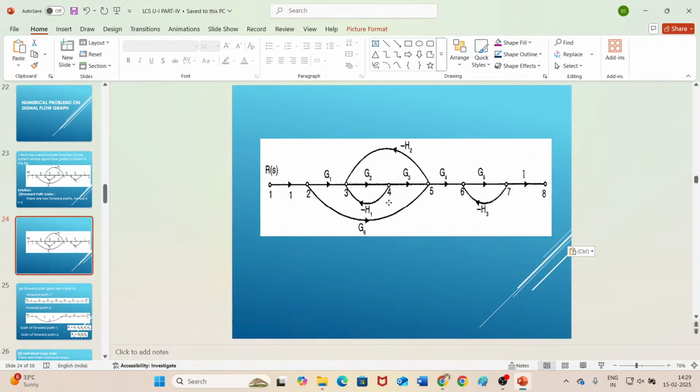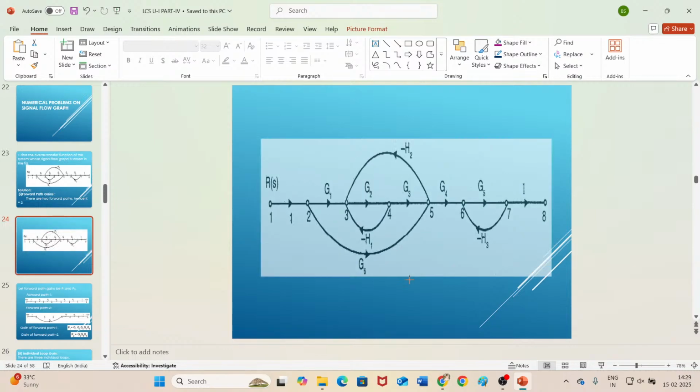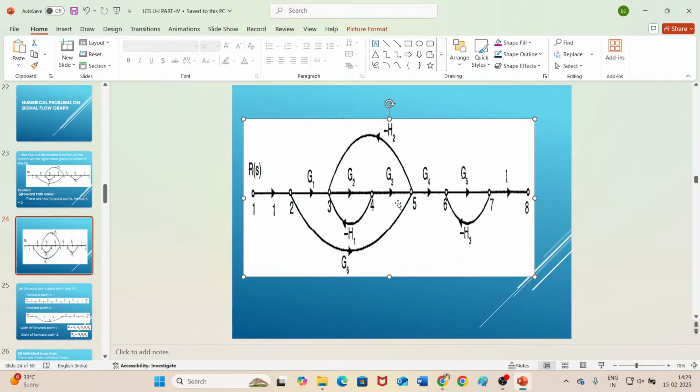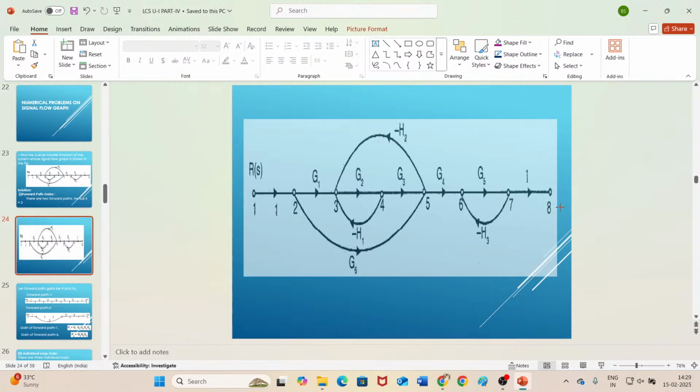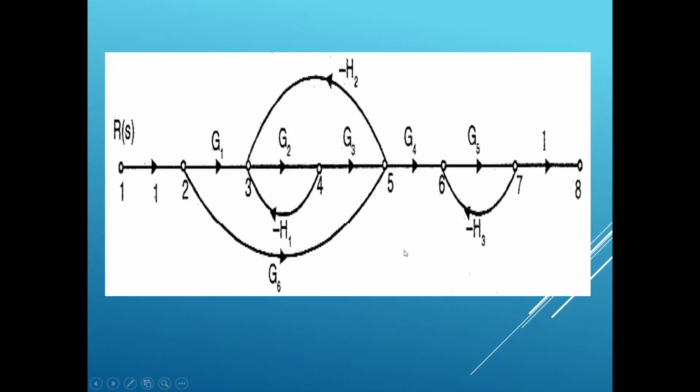I have copied the diagram in some other slide, so that I can get back to this slide again and again. So how many individual loops are there? I must know that in order to determine the individual loop gains.